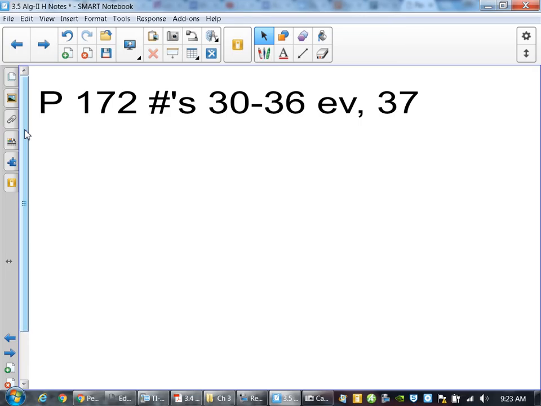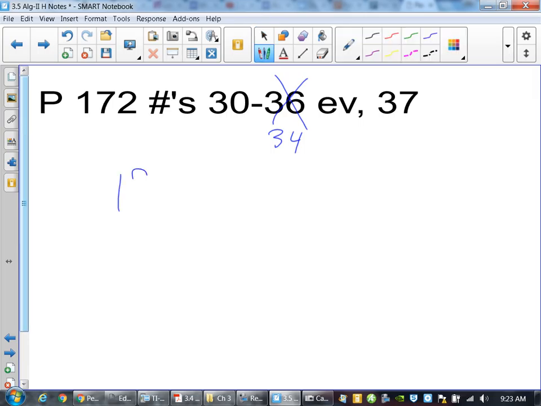All right, go to 34 and then 37. Go 30 through 34 evens and 37. Is this in the new book or the old? This is in the new book.